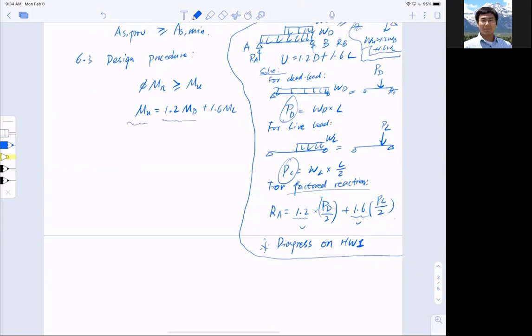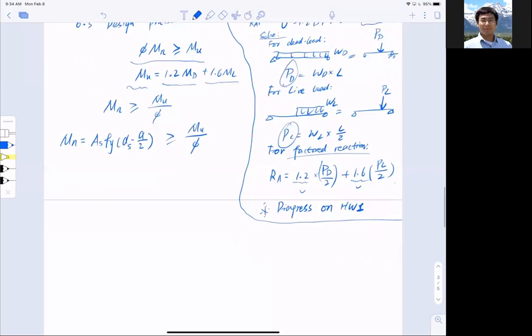Mu equals 1.2 MD plus 1.6 ML. That's the factored moment. And you know that Mn, using this equation, has to be bigger or equal than Mu divided by phi. Incidentally, we know that Mn, the nominal flexural strength, equals AS Fy, again assuming steel yielded, multiplied by d minus half a. And this d is ds here, don't forget. That has to be greater or equal than Mu divided by phi.